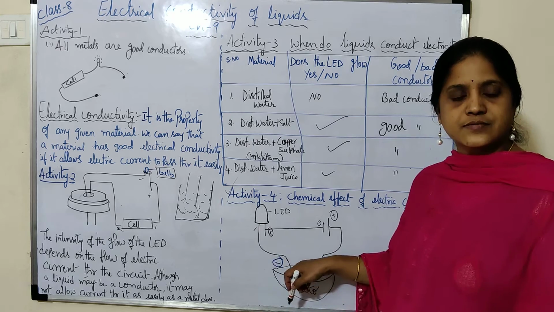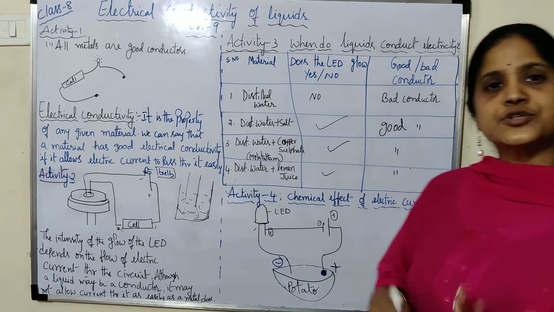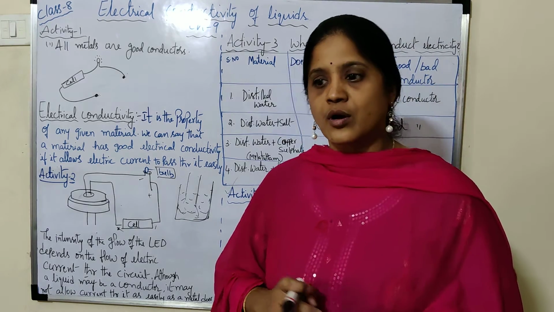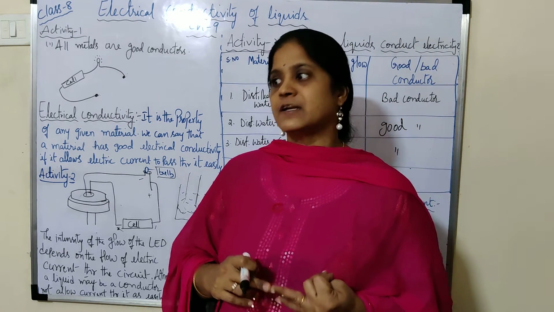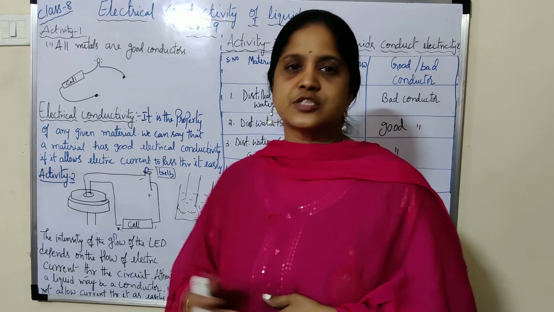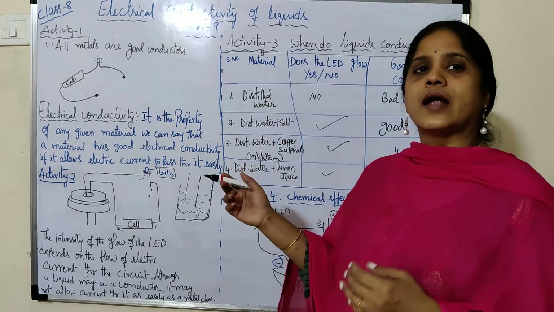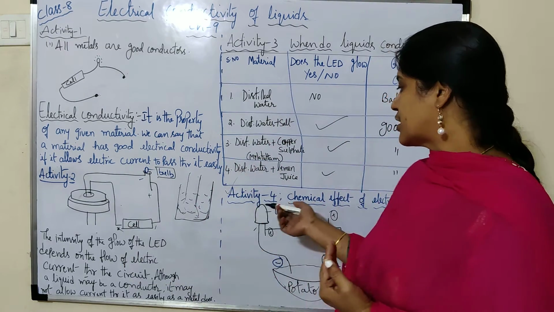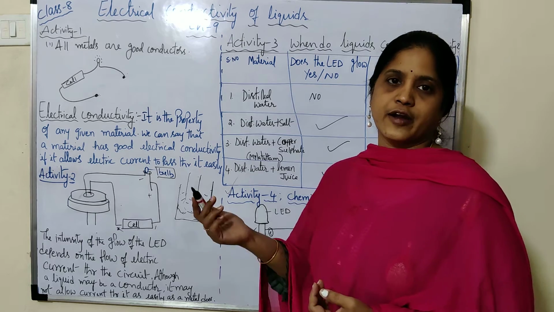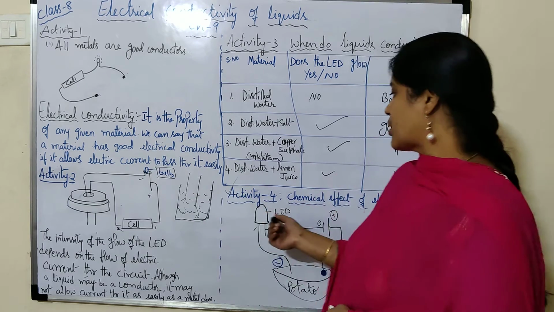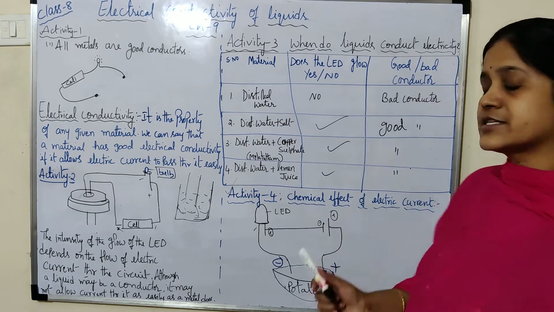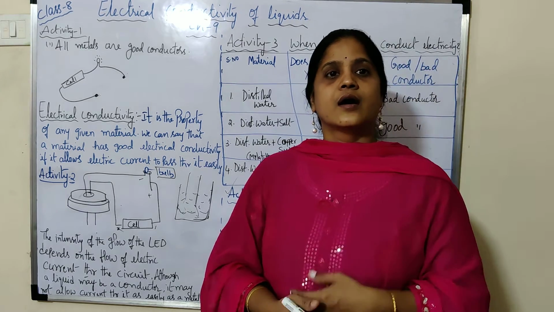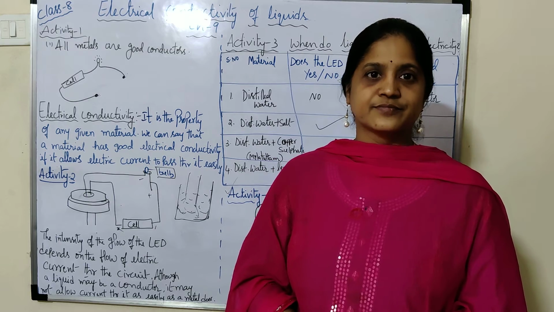Instead of this, you can take a carrot, a tomato, a lemon, different vegetables, and observe each time whether the LED glows or not. So this is about activity 4, the chemical effect of electric current. I hope you all understand. Thank you.